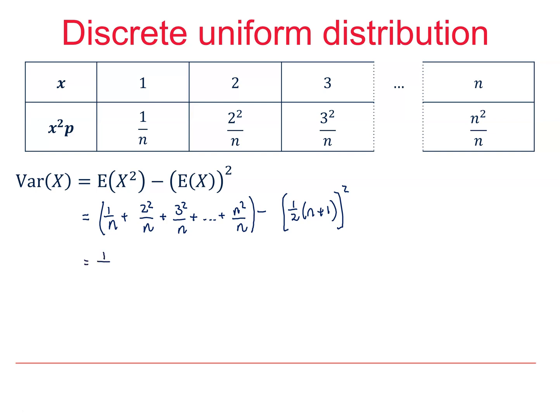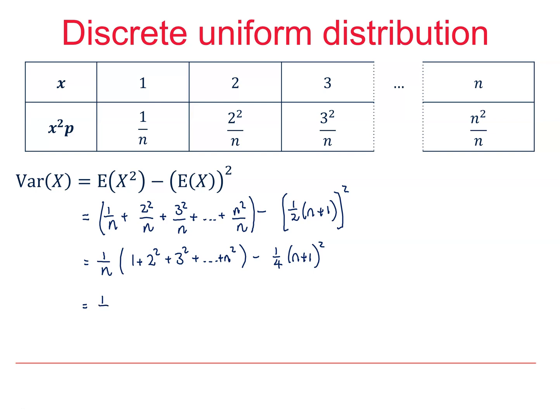So if I take out a factor of 1 over n, that gives me 1 plus 2 squared plus 3 squared plus all the way up to n squared, minus a quarter n plus 1 all squared.